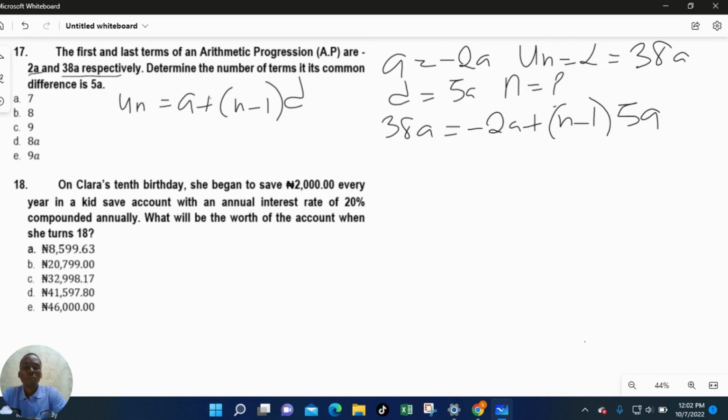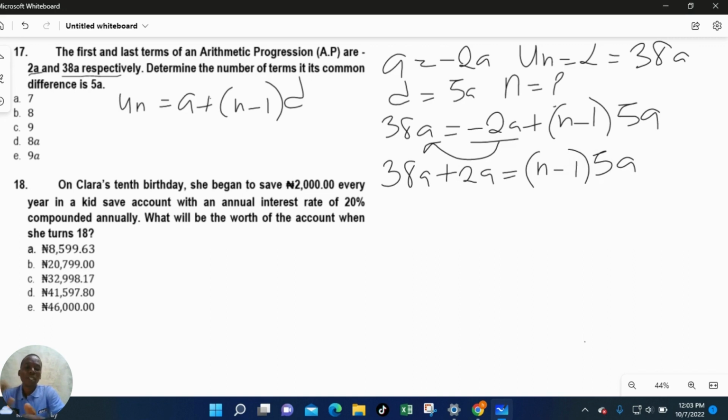Very good. Now, what we need to do is to simplify further. We'll take a to this part, and that will make it 38a minus, crosses an equal sign becomes plus, and that will be plus 2a. This will be equal to n minus 1 close bracket 5a.